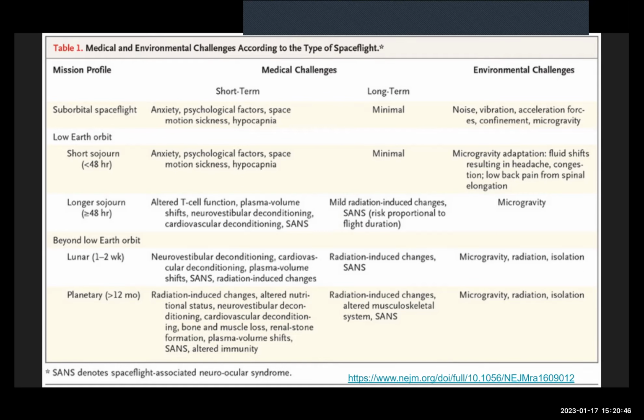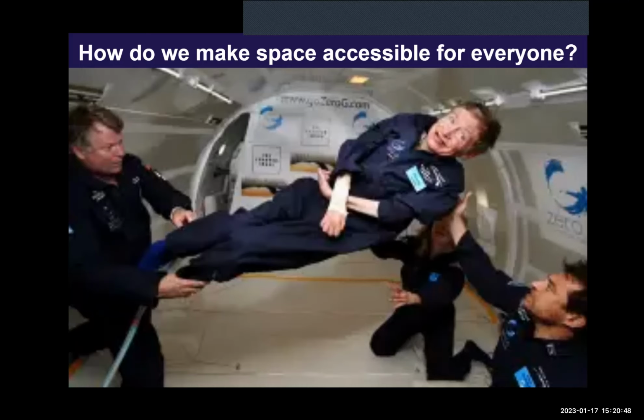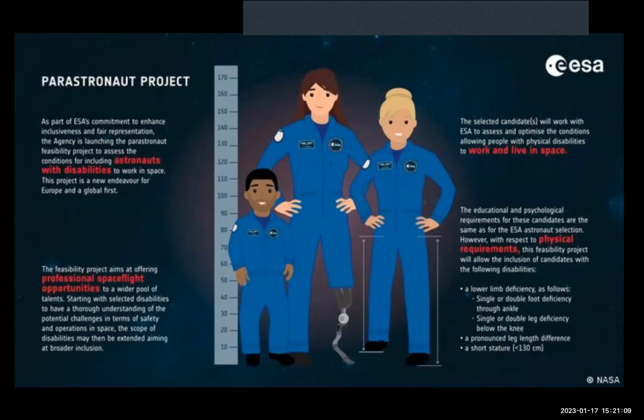And along with this, the other end of the spectrum is, as long as we're making space more accessible, let's make it more accessible for everyone. So Stephen Hawking flew 0G in 2007 or 2009 on parabolic flight. The European Space Agency just announced its first ever para-astronaut. He's an orthopedic surgeon, as well as a para-Olympian, very, very accomplished astronaut.